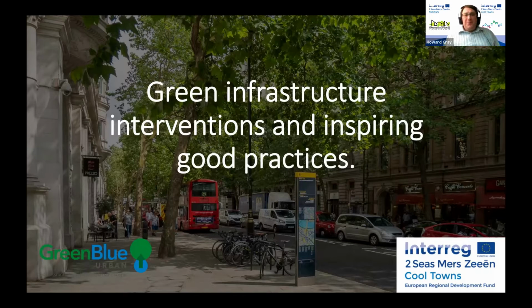So at Green Blue Urban, we seek to be enablers, to enable resilient towns and cities through this use of green and blue infrastructure, joining it together, making small incremental changes, maybe close to source as far as we can, rather than trying to do a big scheme all at once. What we find is our older towns and cities, many of them are blessed with fantastic tree canopies, which give us a really great quality of life in these areas, but many of them are coming to the end of their life. So how can we move forward?